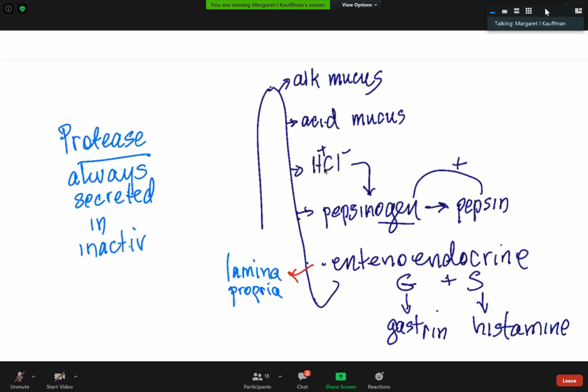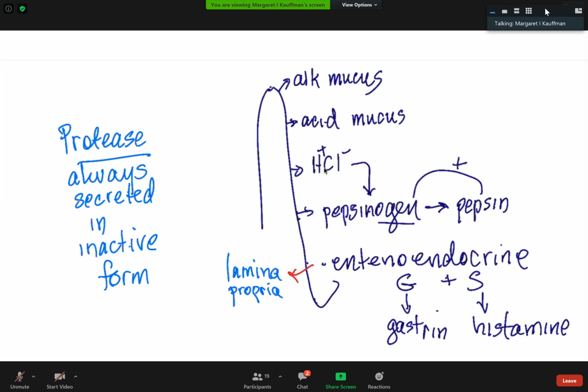When you think about it, in order to secrete it, these are large molecules, so you have to use transport proteins in the membranes of these epithelial cells that are making the pepsinogen. And if it was an active form, it would be digesting its own transporter.